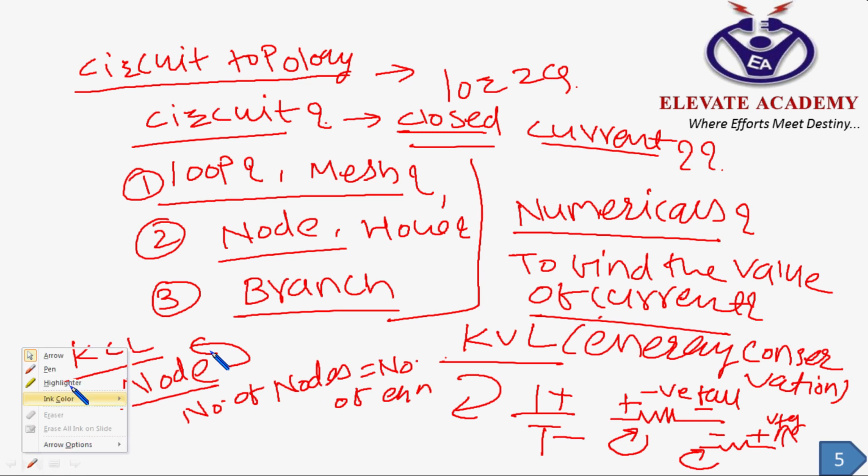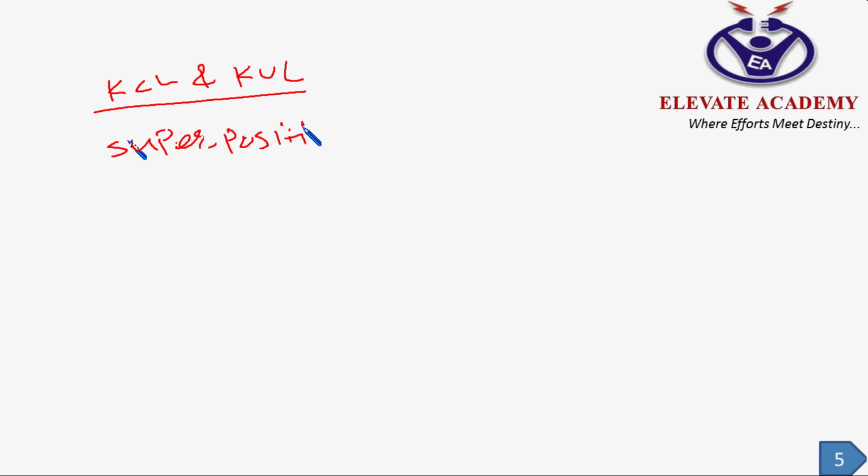Now see here, once you know some basic knowledge about KCL and KVL, you should move forward, and then the next law is the superposition theorem. काय तुमचा next law? Superposition theorem.